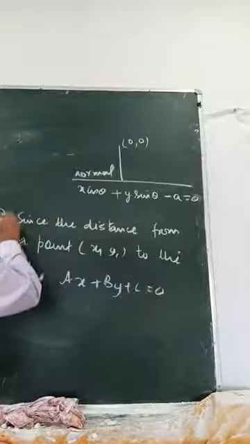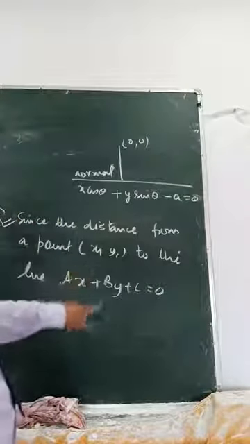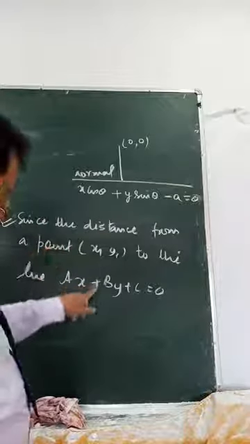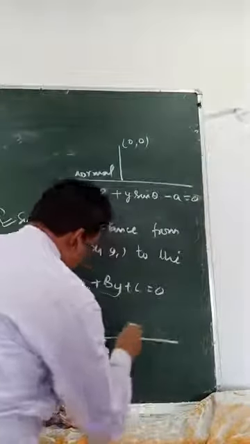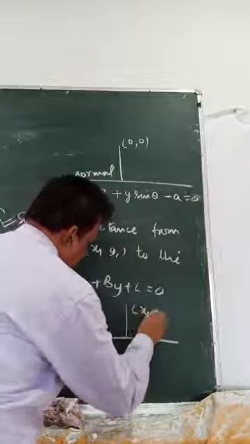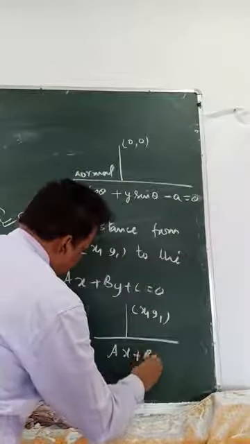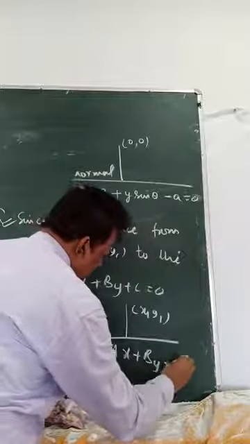This formula you have learned in class 11, so I am writing it again. The distance from a point to the line means it is in this form. This is the point x1 y1. This is your line ax plus by plus c equals to 0.